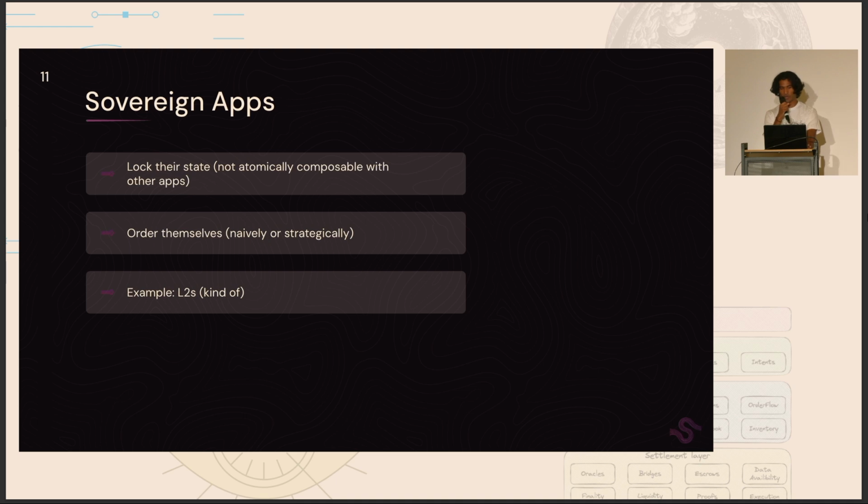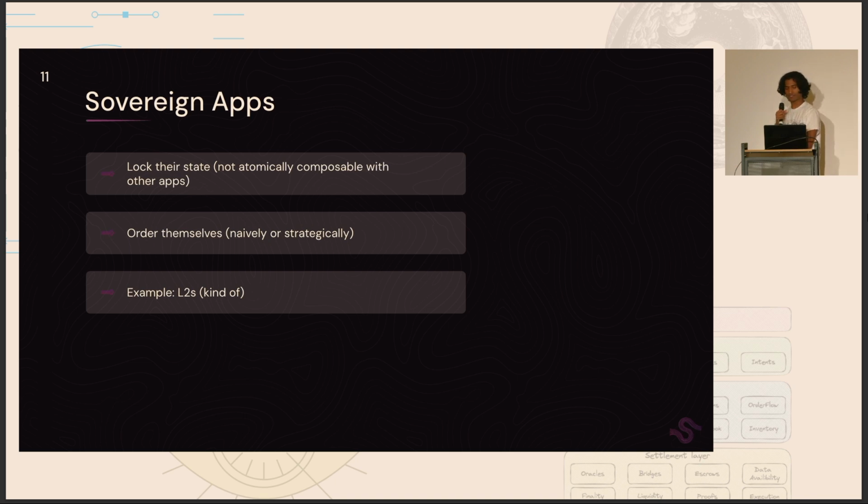So now there is a new type of app, a sovereign application. These are applications that lock their state and are not atomically composable with other applications. They order themselves, either naively, like first come, first serve, or strategically, like a fair ordering mechanism like Themis, or a uniform clearing price enforcement, something like this.